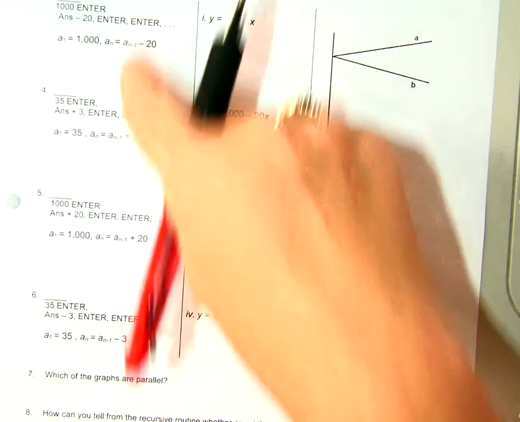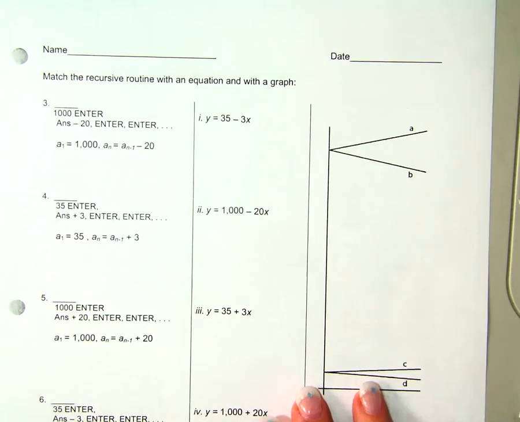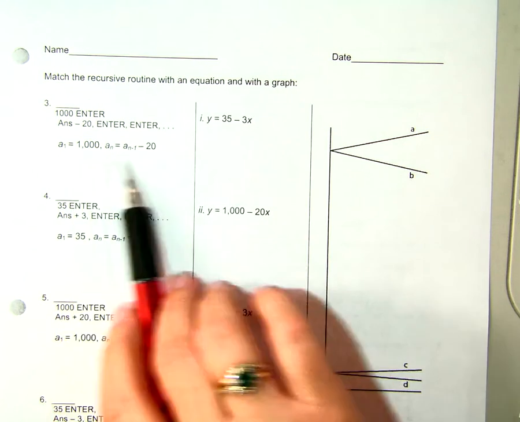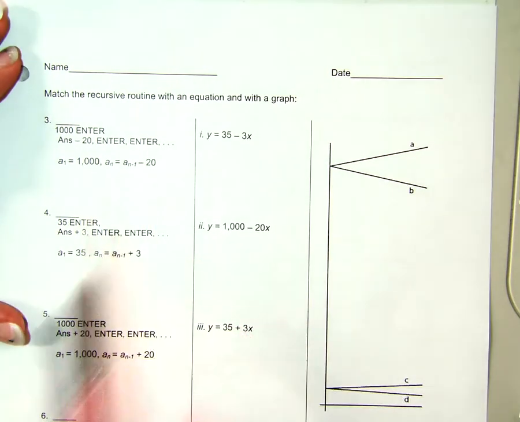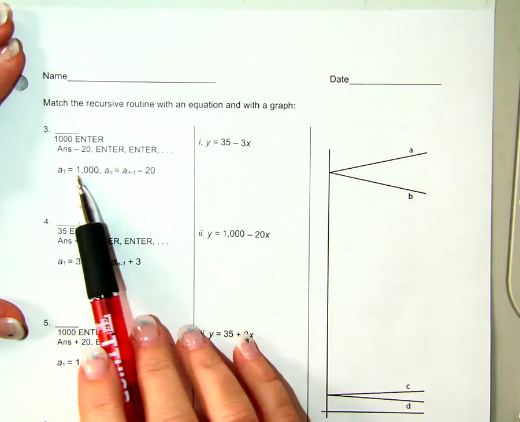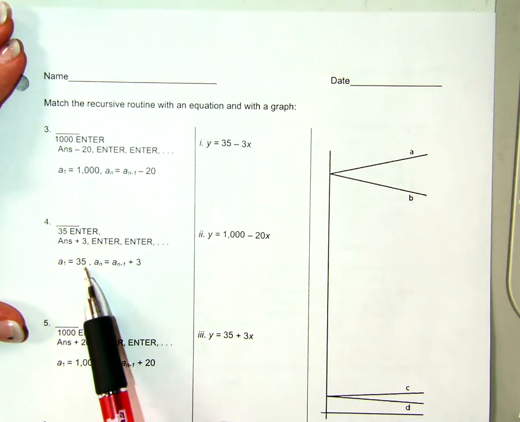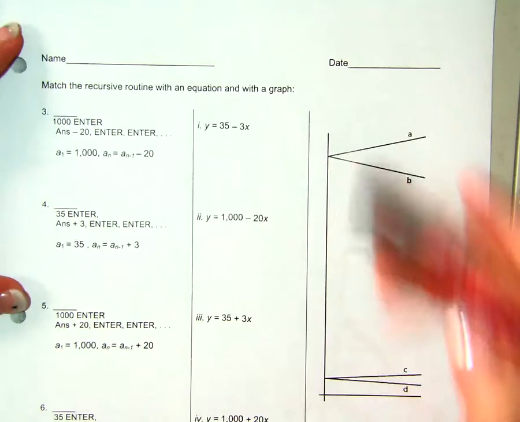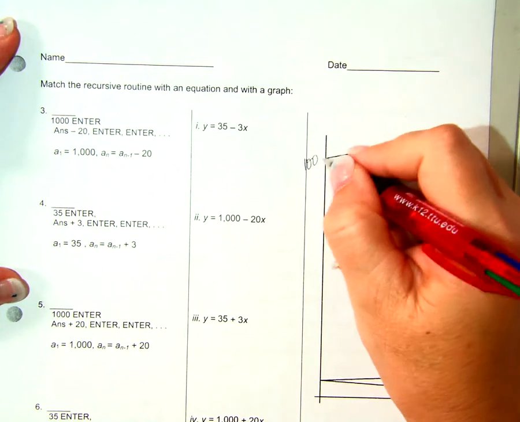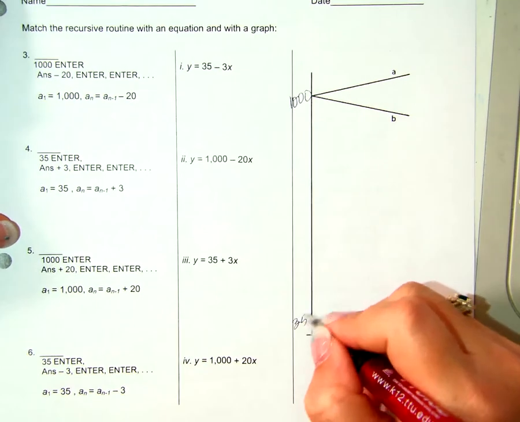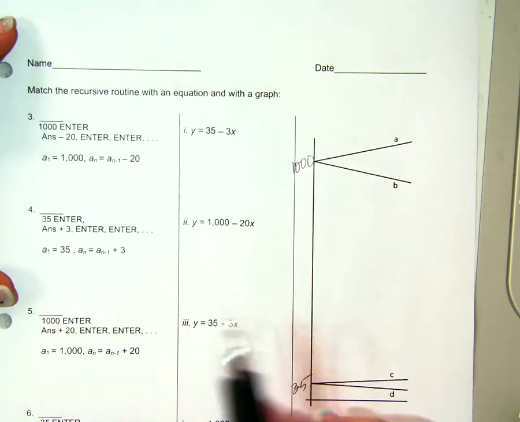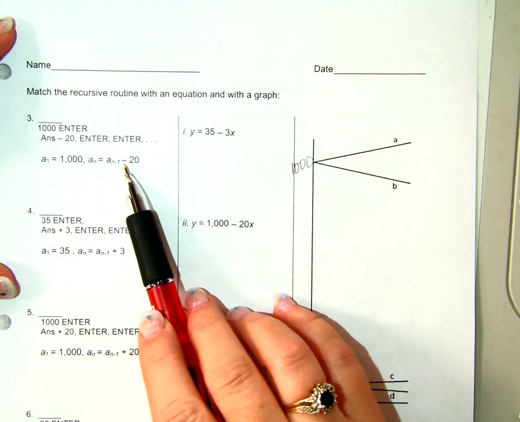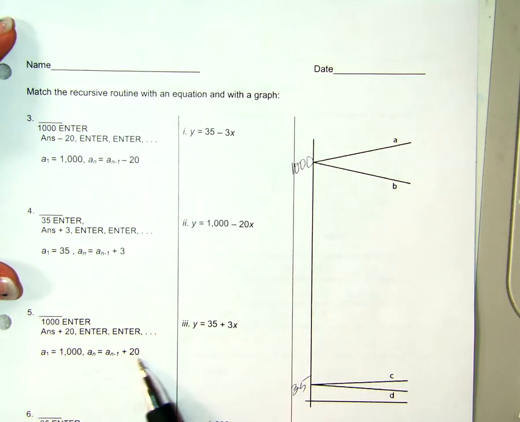Okay, on the back, 3, 4, 5, and 6. These are those recursive functions we were working on earlier in this unit. So we're starting at 1,000, or we're starting at 35. Hopefully you realize this one is starting at 1,000 and this one is starting at 35, the graph part of it. If it's starting at 1,000, it's either minus 20 or plus 20.